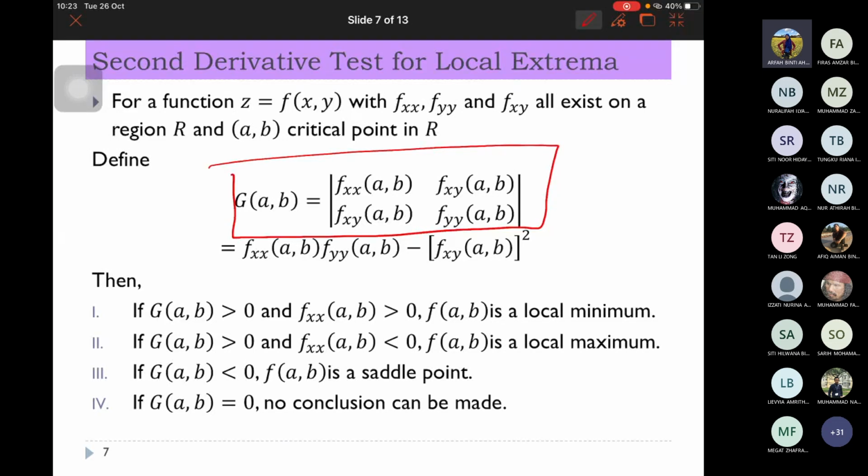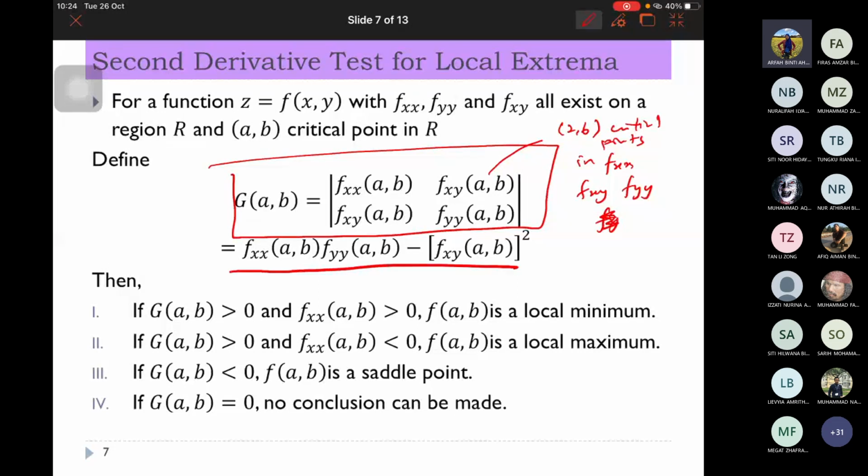Meaning that gantikan dengan 2, 6, kita punya critical points. Okay. In FXX, FXY, FYY, FXY. Okay. Dekat dalam equation yang itu dan kita kira apakah nilai GAB. Okay. So, find GAB. Step kedua.